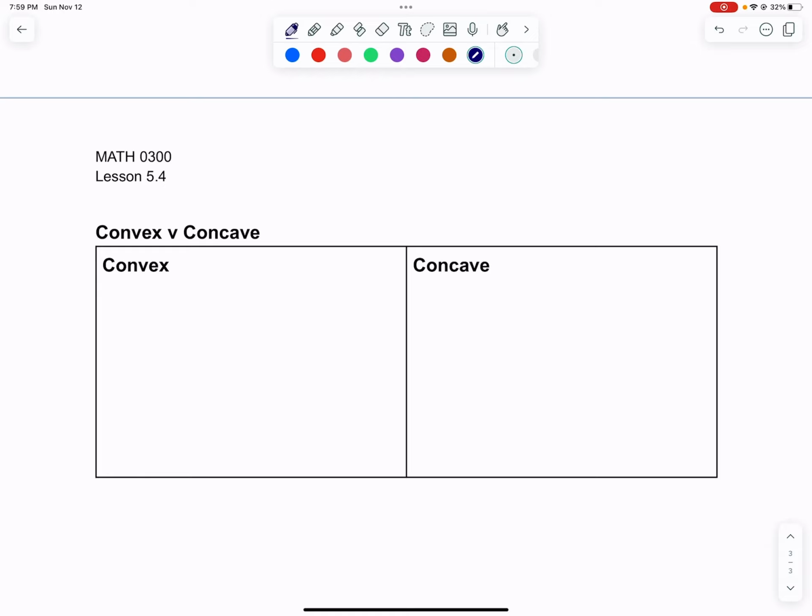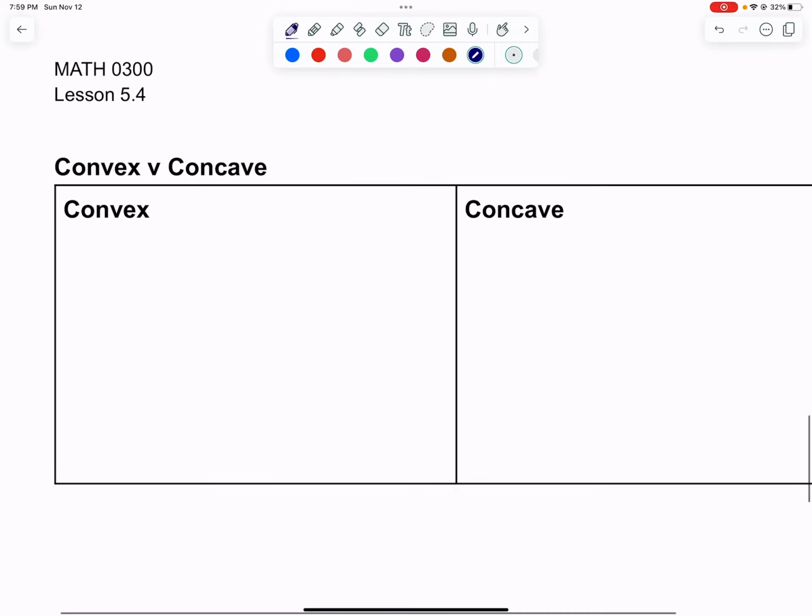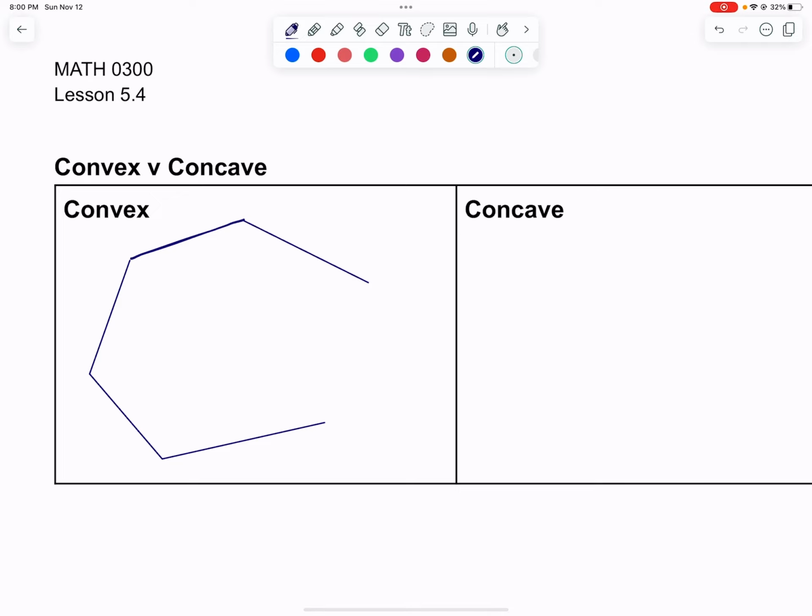The last thing that's a general property of polygons is the idea of convex versus concave. And this is really more about how the polygon is formed, not really how many sides it has or anything like that. When you have a convex polygon, what that means is that when you draw it, all of the vertices are going out.